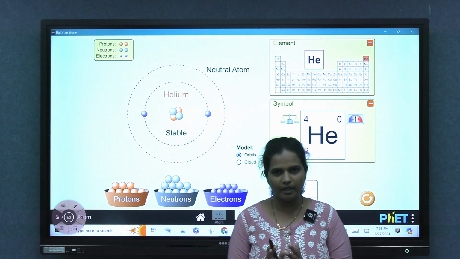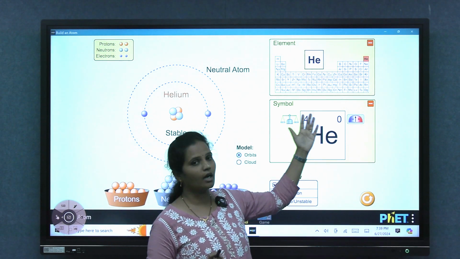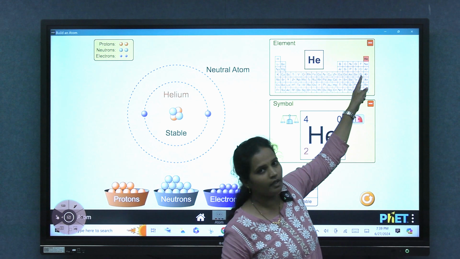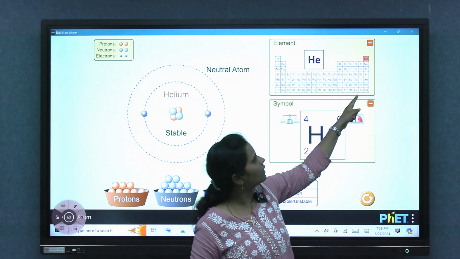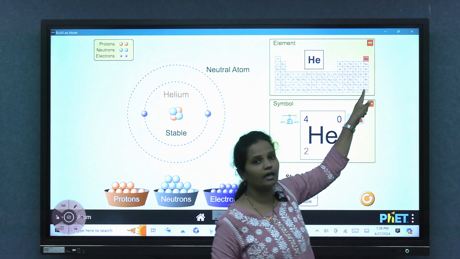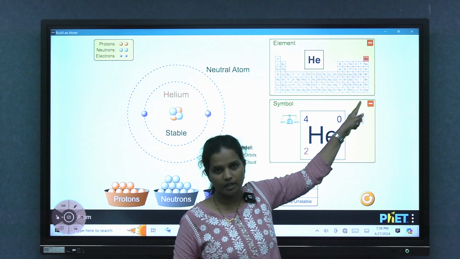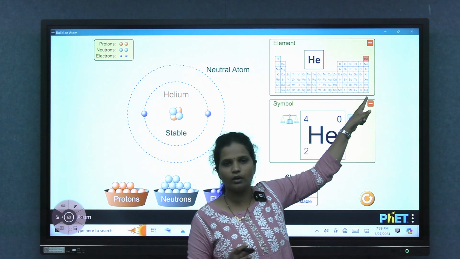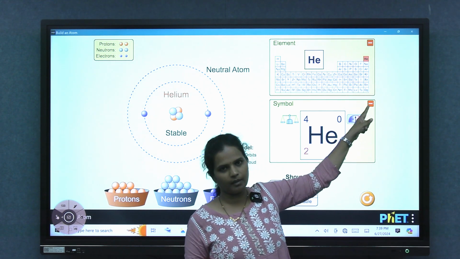A few of the elements in the periodic table are unstable. You can see the last column: helium, neon, argon, krypton, xenon, radon. These elements are stable in the periodic table. That is the reason there is no need to lose or gain, no need to combine with another element.